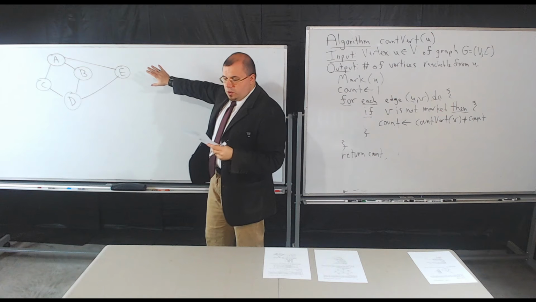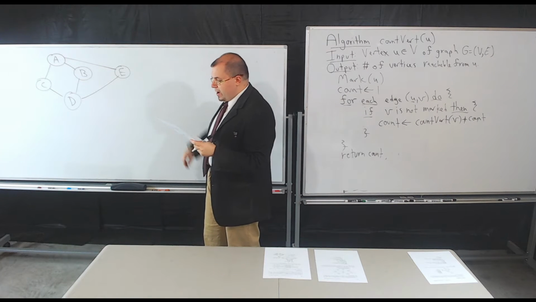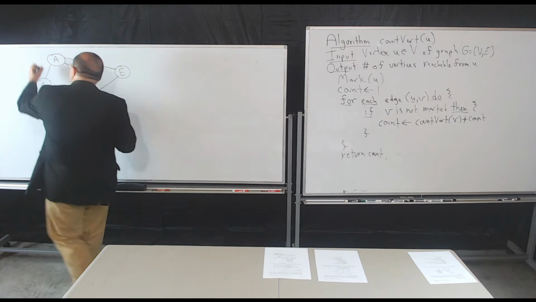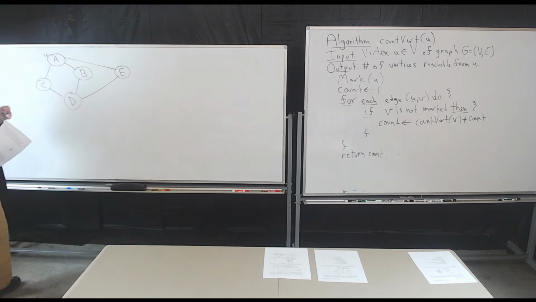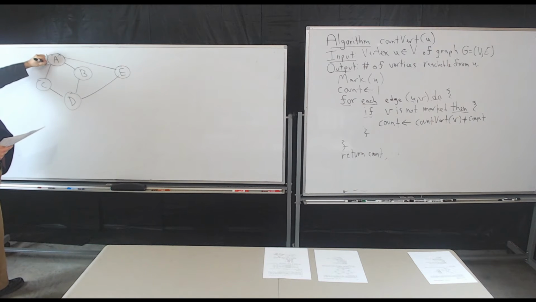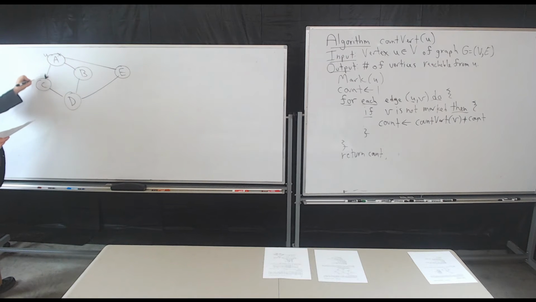Now I'm going to perform DFS on this graph starting from A. So imagine U is right here. What do I do? Well, I mark this vertex, then I consider my incident edges. Now suppose I find the edge that connects me to C. So the vertex C is adjacent to A. And just to make it a little easier for myself, the discovery edge is going to be indicated by an arrow like this. And I visit C, so I mark that.